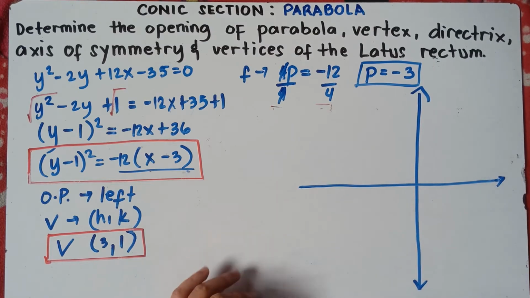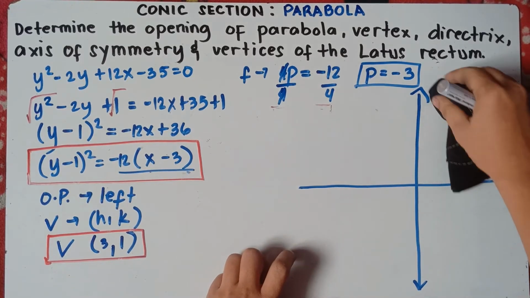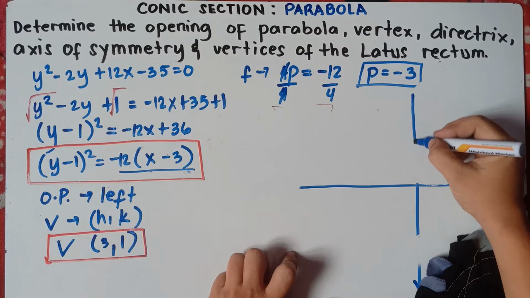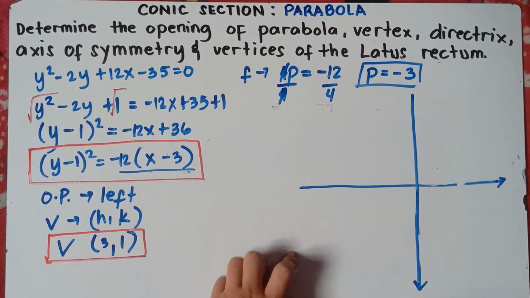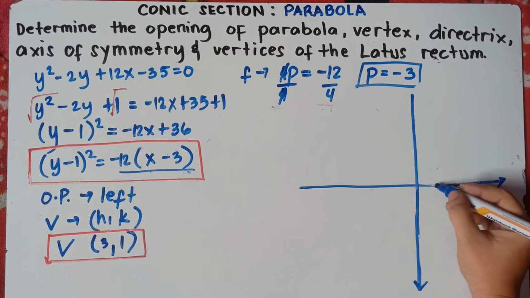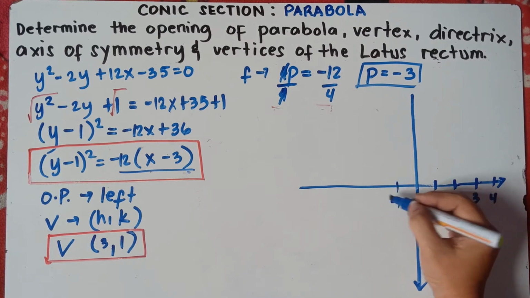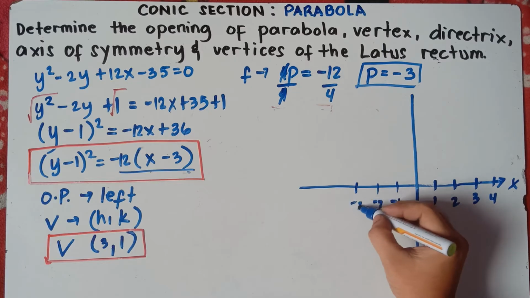So our graph, class, is not a perfect straight line. I'm so sorry for this one because we don't have a ruler. I hope you understand this one, class. So this will be 1, 2, 3, and then 4. So positive, negative 1. Once again, for the x-axis, positive to the right, then negative to the left.